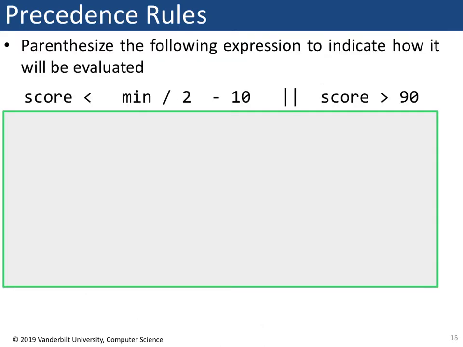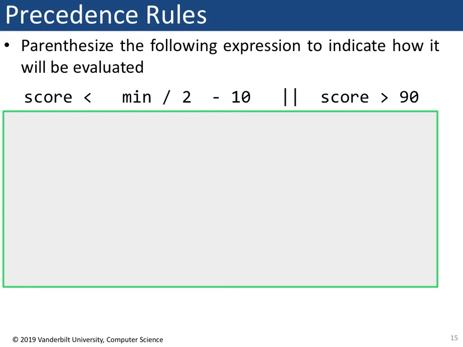To ensure understanding, let's take a moment and place parentheses in this expression so that it will evaluate just as it does without any parentheses. So to do this, we have to identify the highest precedence operators involved. The highest precedence operator, there's no parentheses, right?